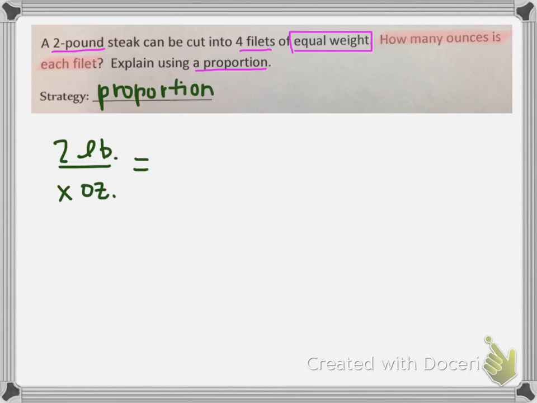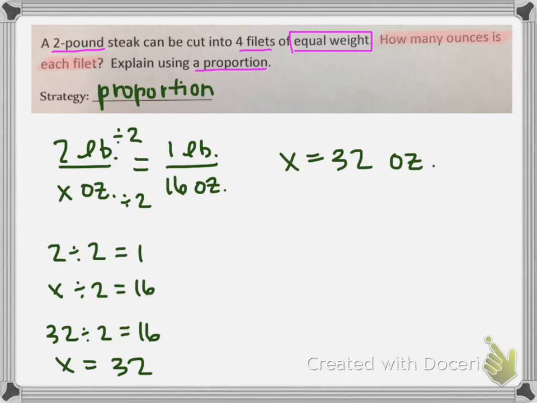This time it's going to be however many pounds there are to however many ounces there are in 1 pound. So 1 pound is 16 ounces. There are 16 ounces in 1 pound. So I've set up my proportion, and now I just need to solve. So why don't you pause the video to solve and press play to check.